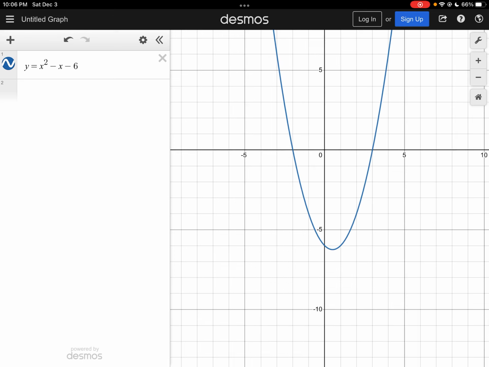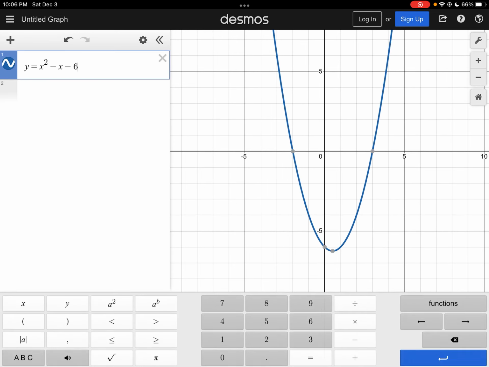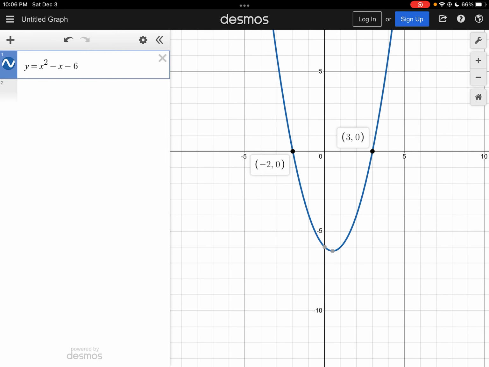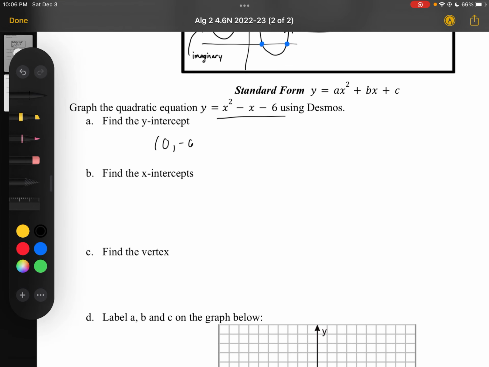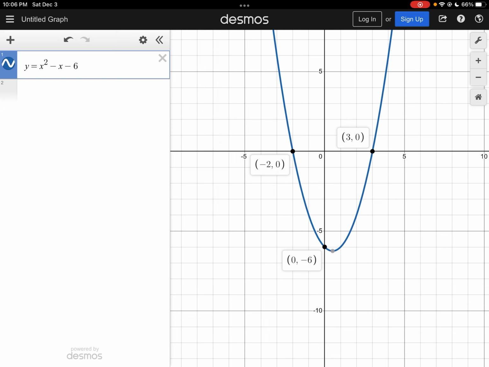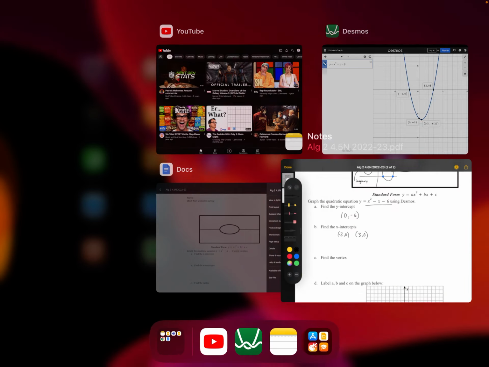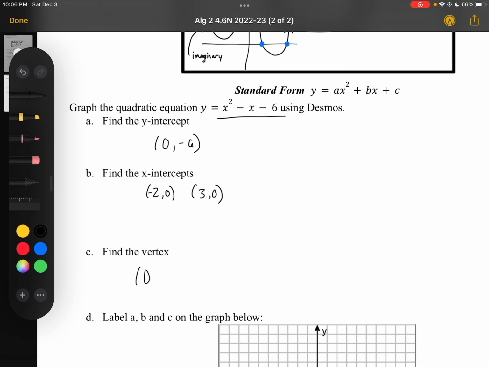A couple of things that we'll see on this one, we'll have zeros at -2, +3, and a y-intercept at 0, -6. We'll also have our vertex, the bottommost point of our function, at 0.5, -6.25.